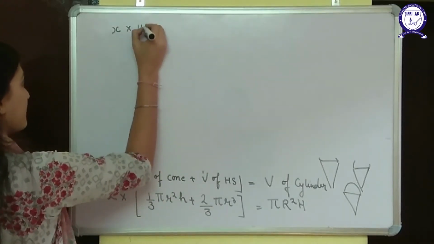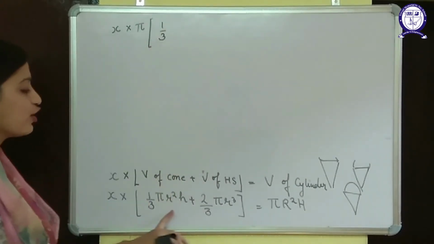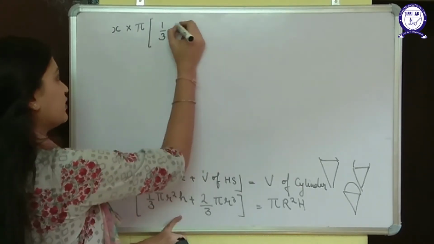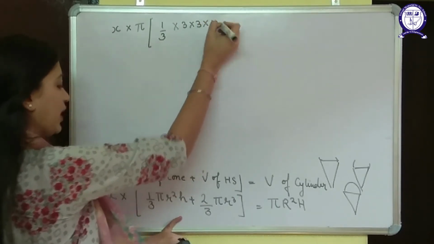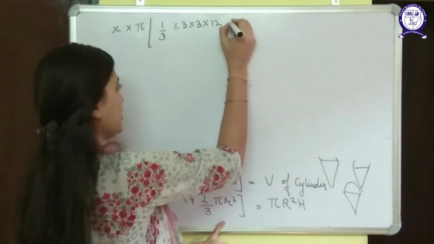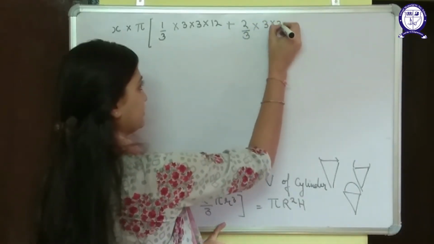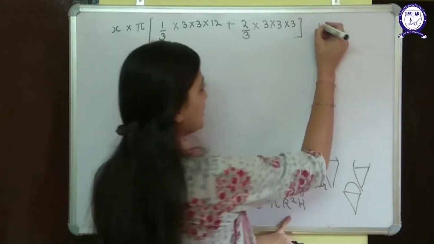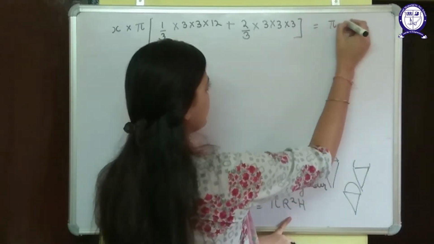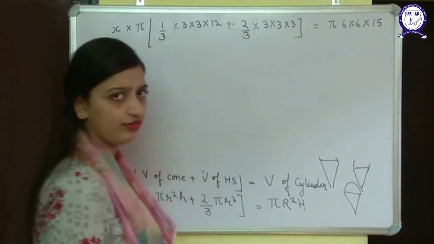So this is my pi. 1 upon 3. The radius of cone is 3. Height is 12. So its radius is also 3. And the radius of cylinder is 6. And height of cylinder is given to be 15.